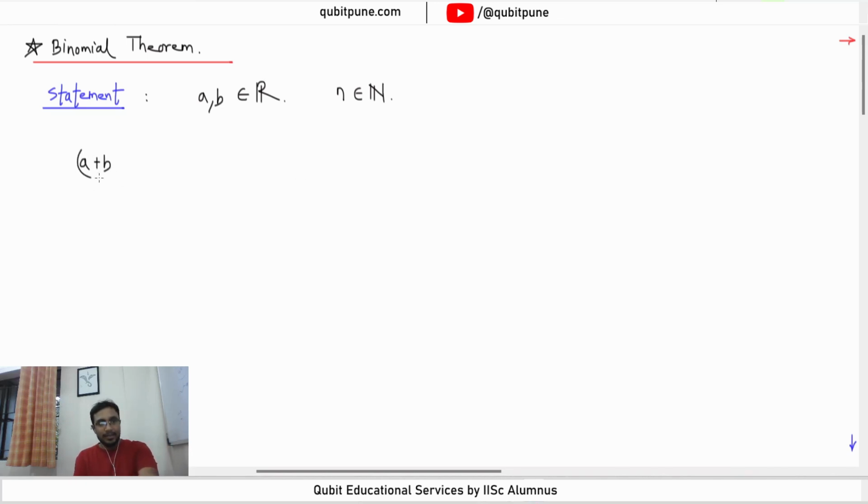Then (A plus B) raised to n is given by NC0 A raised to n B raised to 0, plus NC1 A raised to n minus 1 B raised to 1, plus NC2 A raised to n minus 2 B raised to 2, and so on.